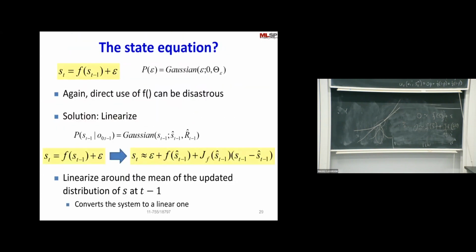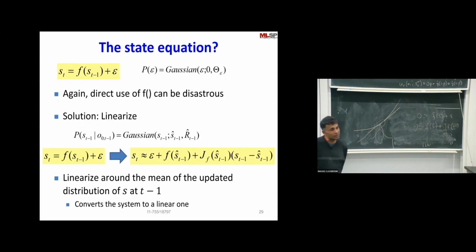I can do the same thing for the state equation, right? If the state equation is nonlinear, typically state equations will not be nonlinear. But if the state equation is nonlinear, I can make the same linearization. I can linearize the state equation around the current mean, right? And if I linearize it around the current mean, then once again, this is going to be st equals epsilon plus f of s hat t minus 1.